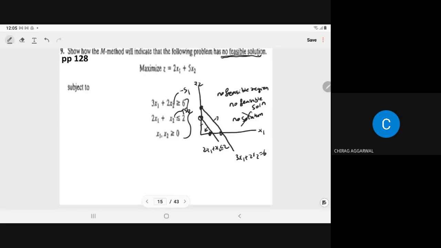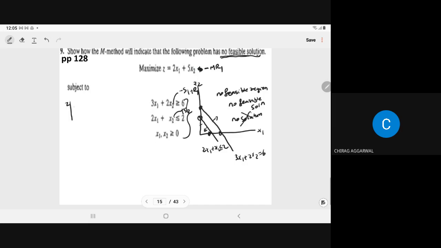Since the first constraint is of greater than type, for the initial basic feasible solution you have to add the artificial variable also, and the corresponding problem is of maximization. So for maximization you have to subtract the big penalty. So the first table will be as follows.